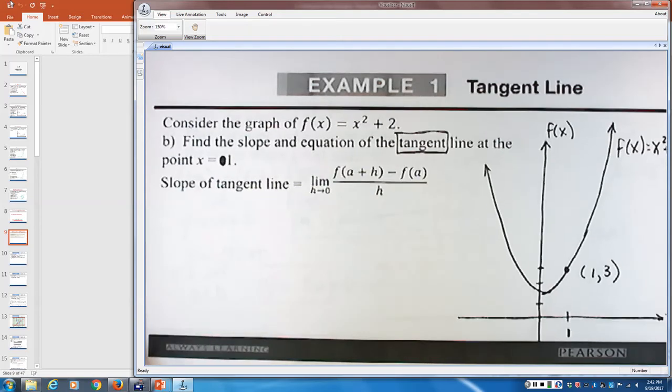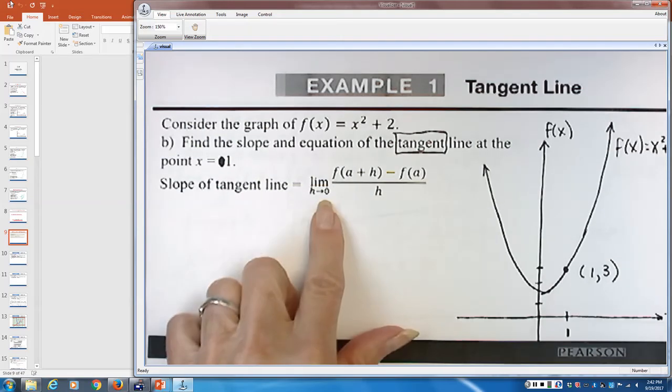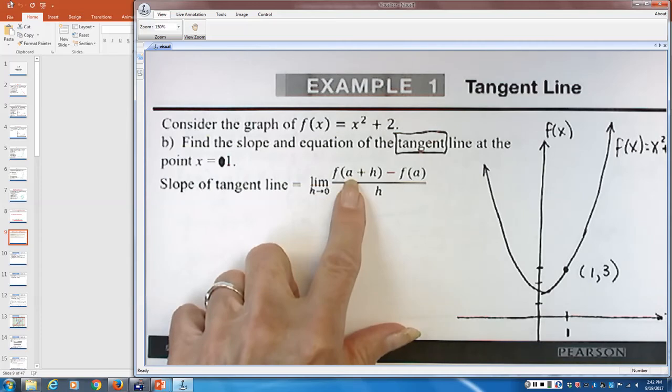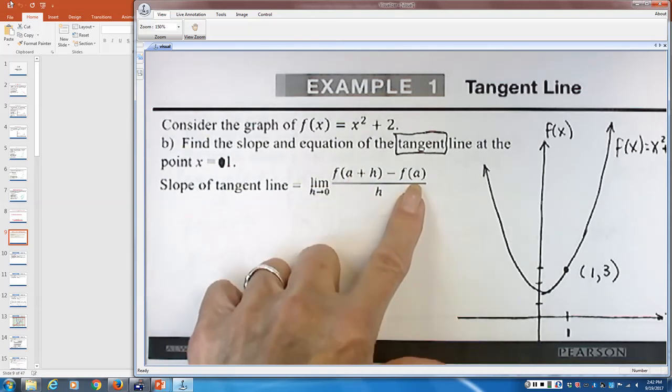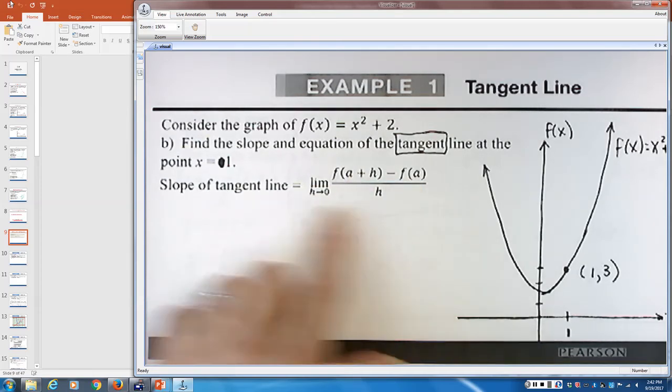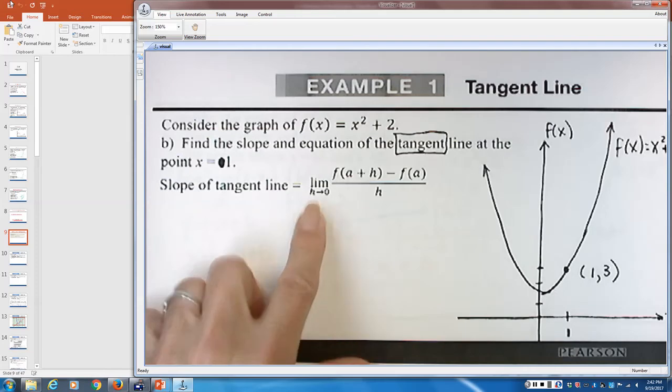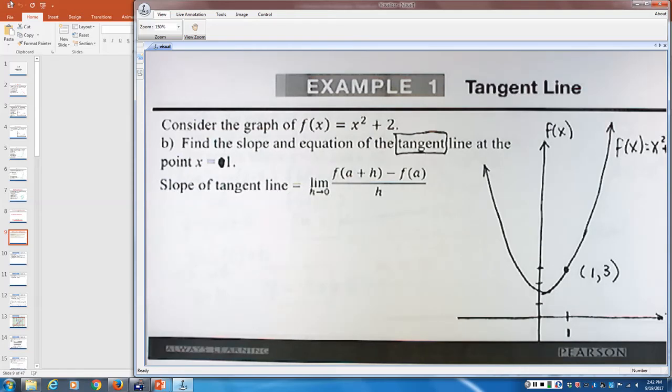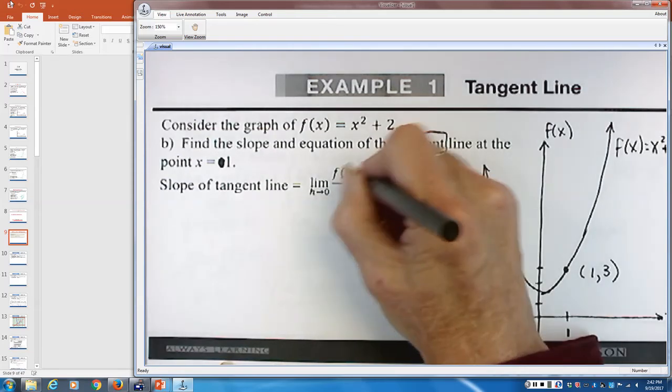Now remember, the only difference in the two is to find the slope of the tangent line. We use f of a plus h minus f of a over h and take the limit as h approaches 0. And in this case, a is equal to 1.